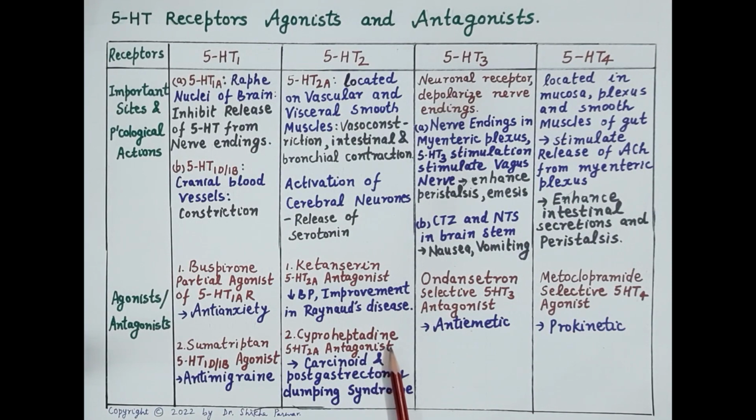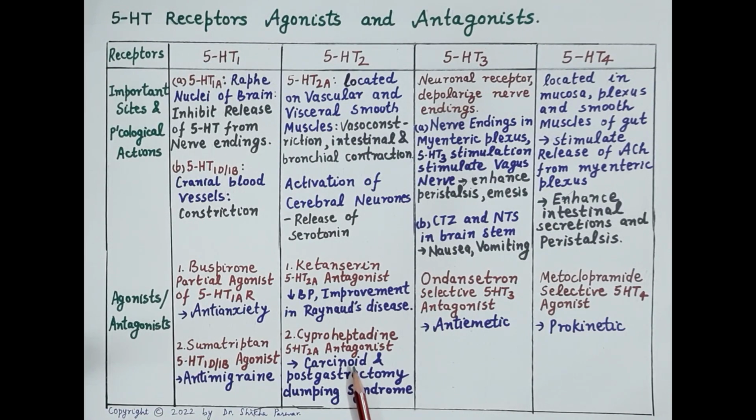Another drug is cyproheptadine. Cyproheptadine is a 5-HT2A antagonist and it reduces secretion of 5-HT, and therefore it is useful in carcinoid and post-gastrectomy dumping syndrome. Now, in carcinoid, there is increased secretion of serotonin that produces symptoms, frequent and severe diarrhea.